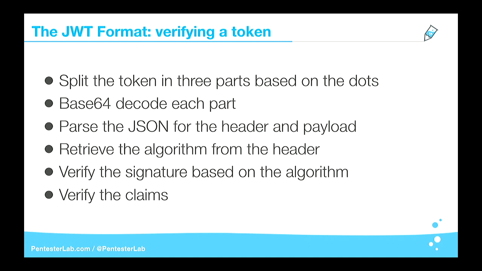Then it's going to parse the JSON for the header and the payload, retrieve the algorithm from the header, then verify the signature based on the algorithm, and then verify the claims. If you see, there are 6 steps, and the verification of the signature is only step 5. So you've got a lot of attack surface before that. A lot can go wrong.